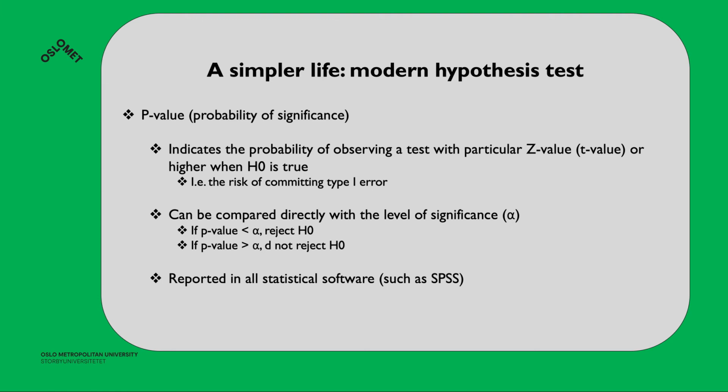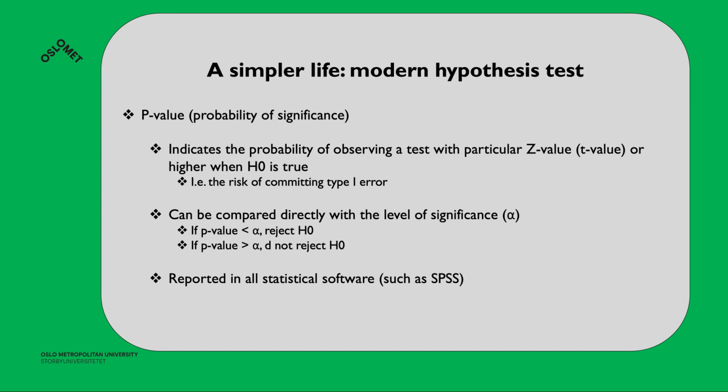The p-value indicates the probability of observing a test value, such as a t-value, that high or higher when H0 is true. So the p-value gives you a percentage on the risk of committing a type 1 error, and you can compare that p-value, or probability of significance, directly with your chosen level of significance.